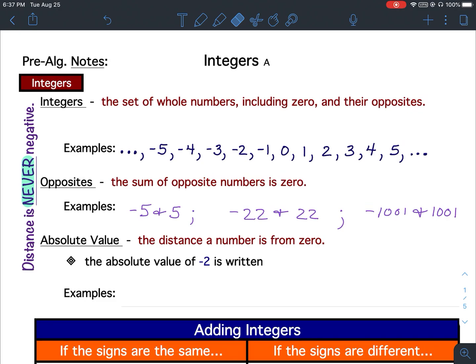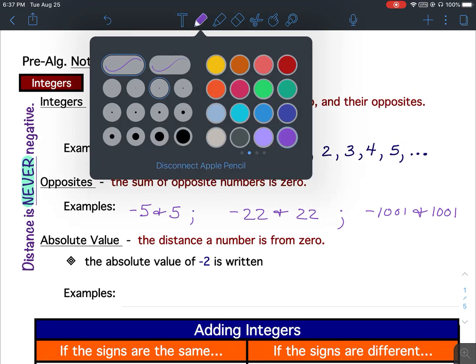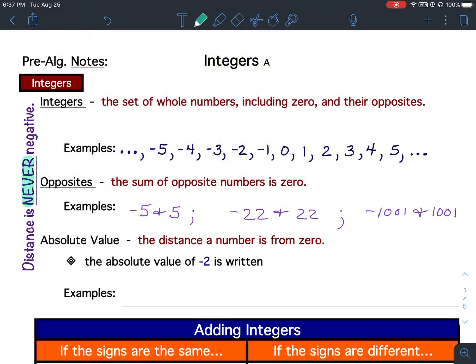Okay, so when it asks you the absolute value of -2, that is written like this. It's 2 long bars on both sides of the -2. And the absolute value of -2 is how far is -2 from 0. -2 is 2 spaces from 0, therefore the absolute value of -2 is 2.